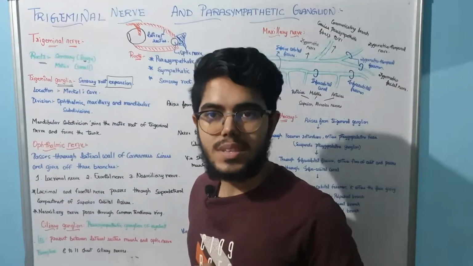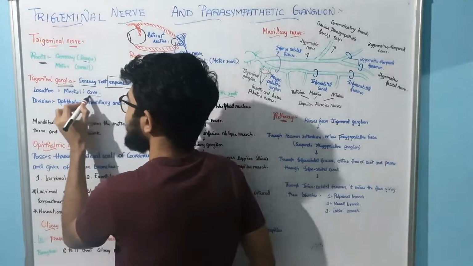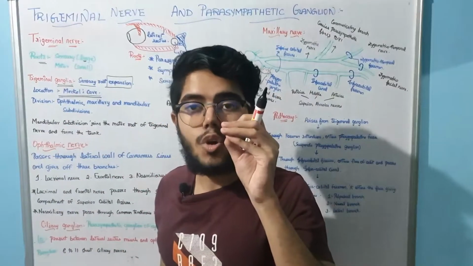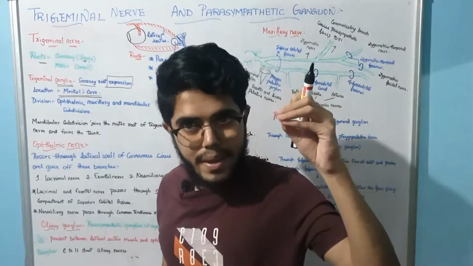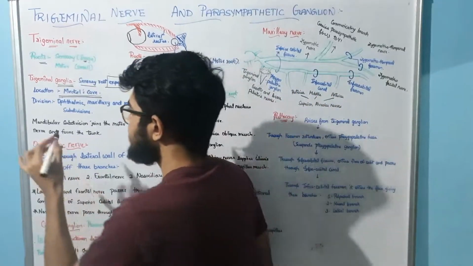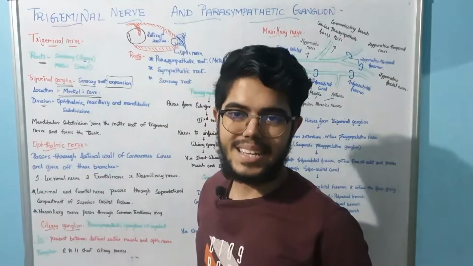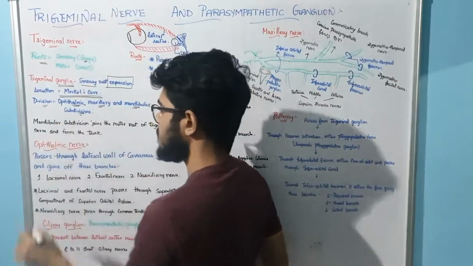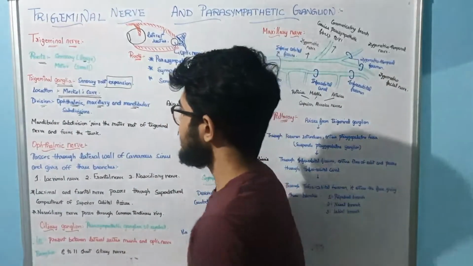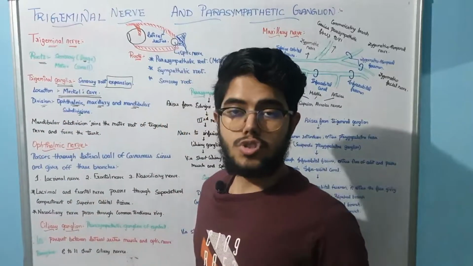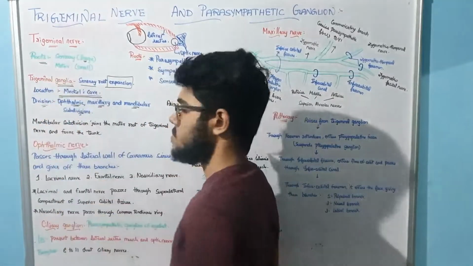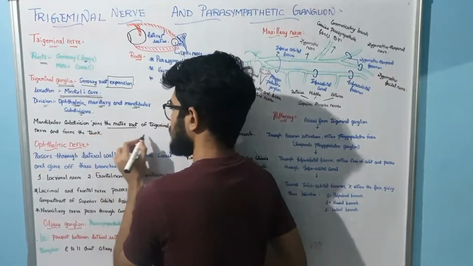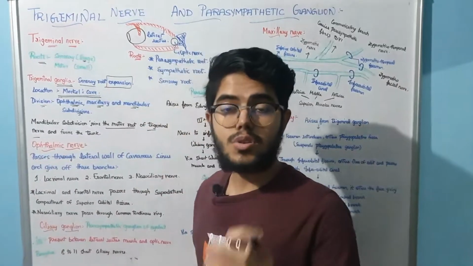The location of this trigeminal ganglion is Meckel's cave, and through Meckel's cave it will produce the divisions, mainly the ophthalmic, maxillary and mandibular divisions. But remember one important thing, that is the mandibular division is going to join with the motor root of the trigeminal nerve, and then it is going to form the trunk.